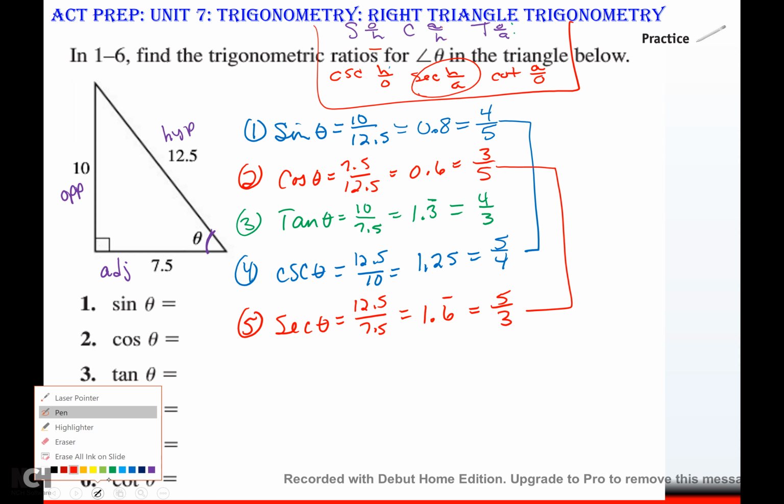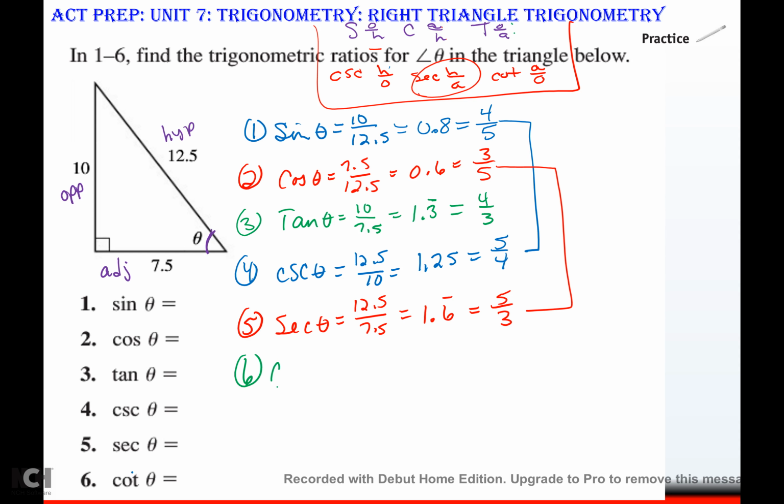Amazing. And then my cotangent theta. Cotangent theta is adjacent over opposite, so that is going to be 7.5 over 10, which gives you 0.75. Math enter that, you get 3/4. Oh, look, they're reciprocals to each other. Amazing. Okay?